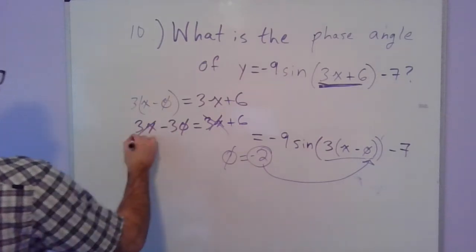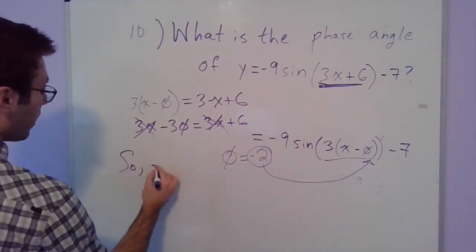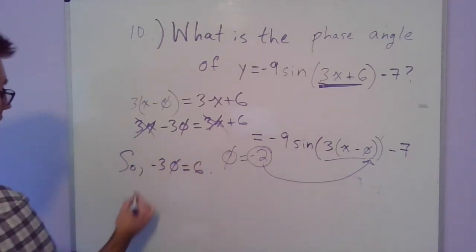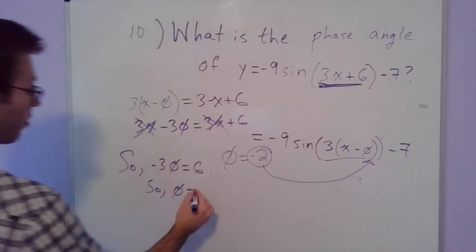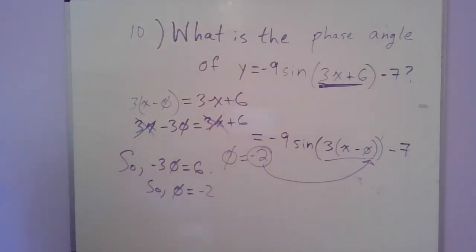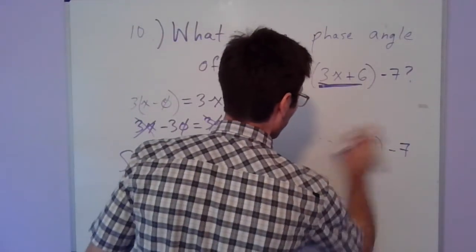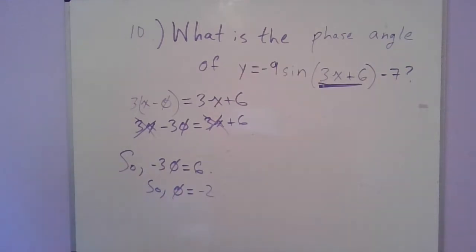My 3x's cancel out with each other. So minus 3 phi is equal to 6. I divide both sides by -3, so my phase angle is equal to -2. You could do it that way, but I'm showing different ways of approaching these problems. I typically do it the other way, just out of habit.